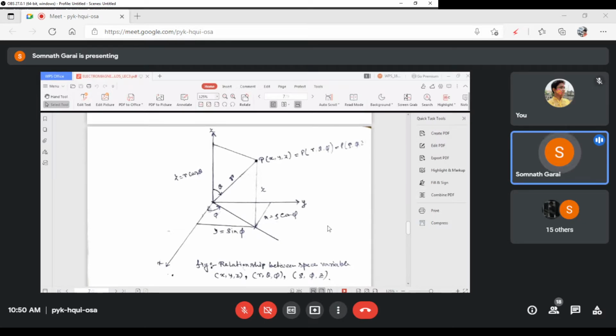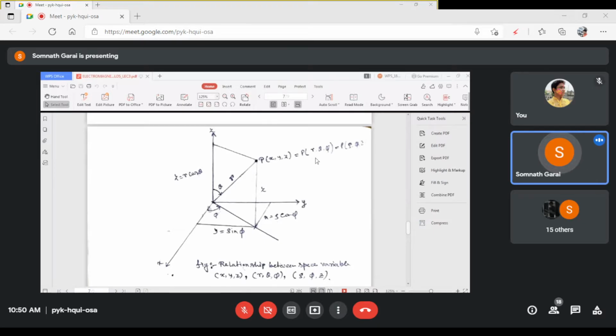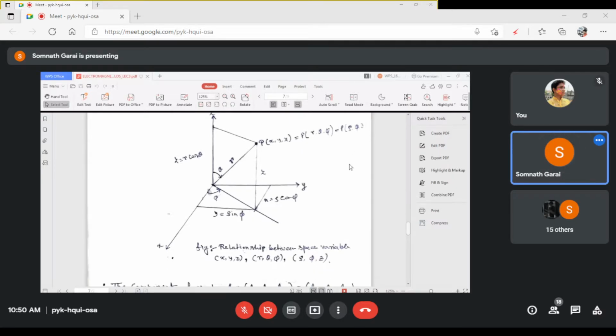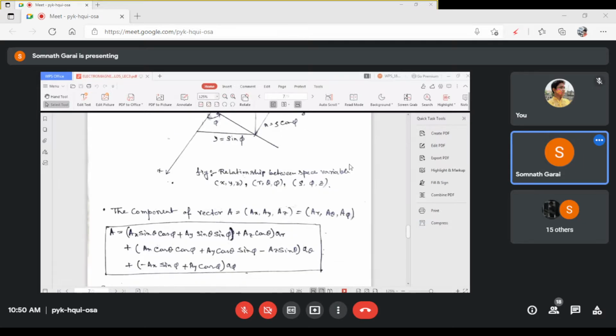So a point P in Cartesian coordinate is x, y, z. If it is represented in spherical coordinate, then it is r, theta, phi, and if it is represented in cylindrical coordinate, that is rho, phi, and z. Got my points?